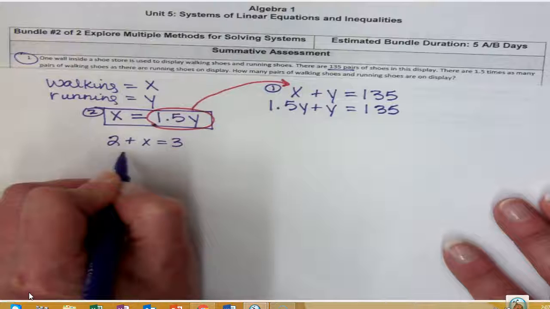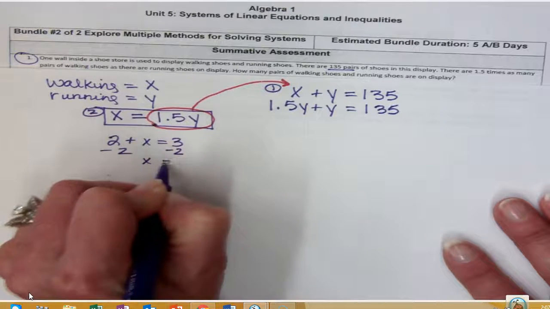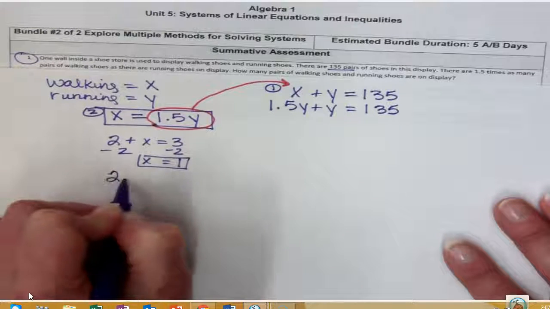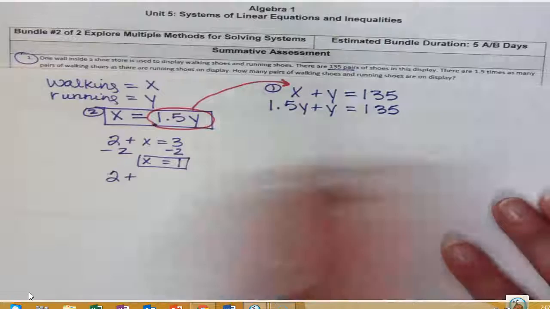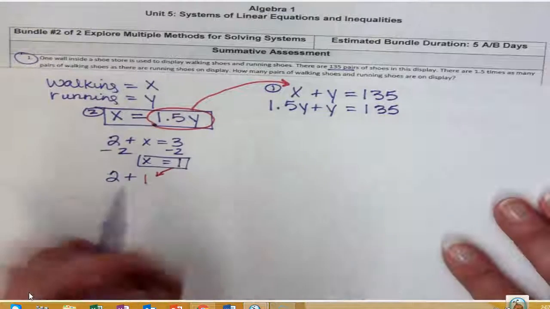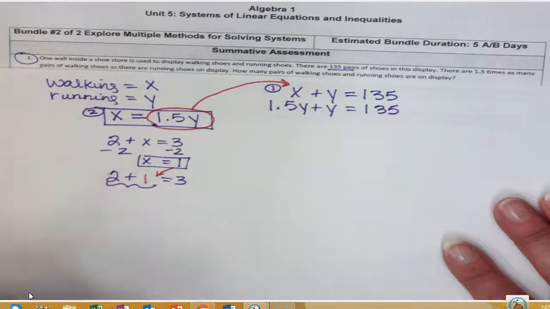We solve that, subtract 2, X equals 1. We can take that 2 plus, and I can substitute this 1 in, equals 3. We're doing the exact same thing over here.